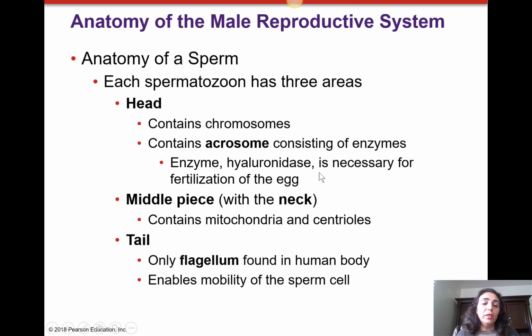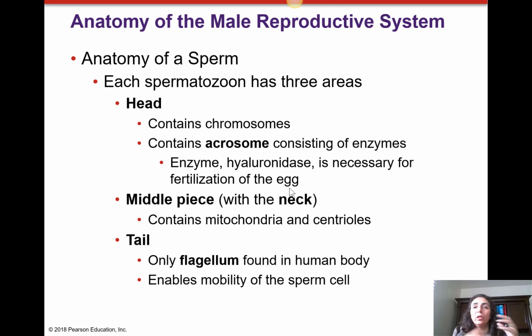Those enzymes, hyaluronidase, are necessary for the fertilization of the egg. It means that when the sperm reaches the ovocyte, it needs these enzymes on the top so that it can make a hole in the wall of the ovocyte and go inside.